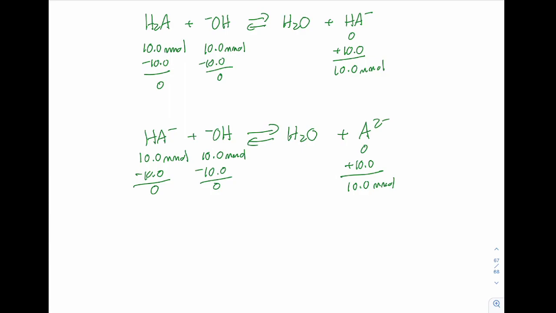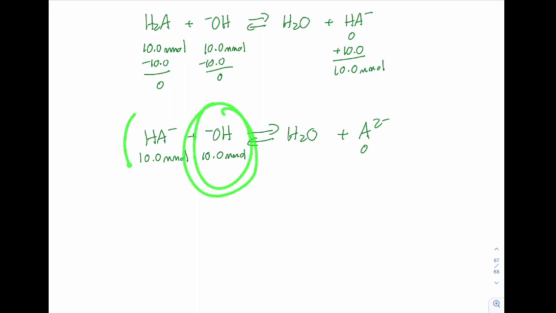If we went back down and looked at these numbers again, this time I'm going to have more base, more of this than I have of this. Those two numbers were equal at the equivalence point, but I kept adding base. So I now have a larger number for my hydroxide ions. So let's just pick 15.